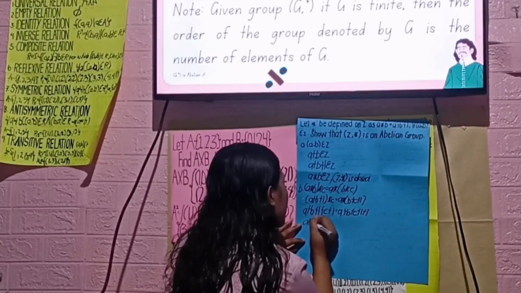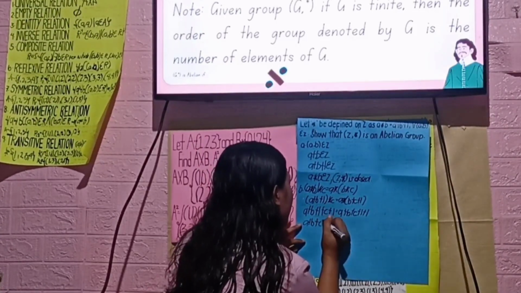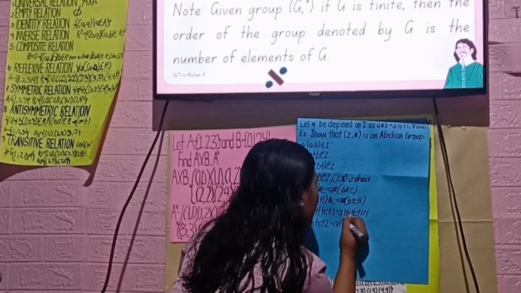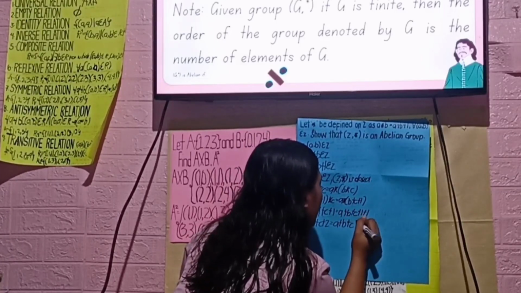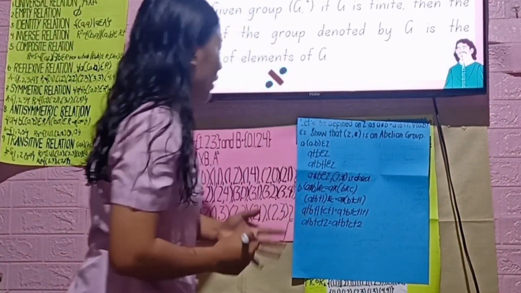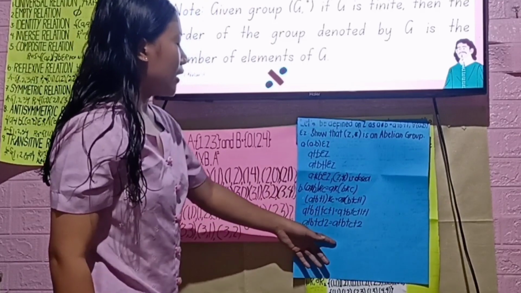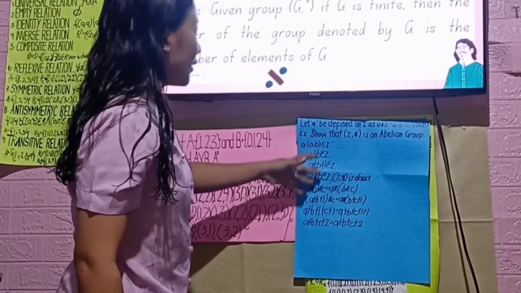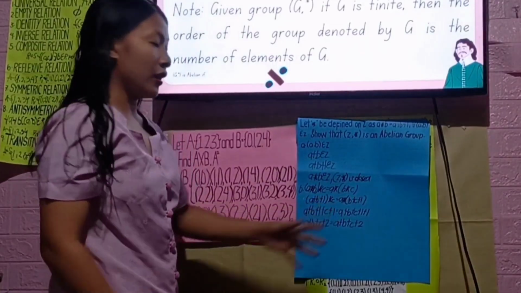A plus B plus C plus 2 is equal to A plus B plus C plus 2. So it is satisfied that (Z, *) is associative.